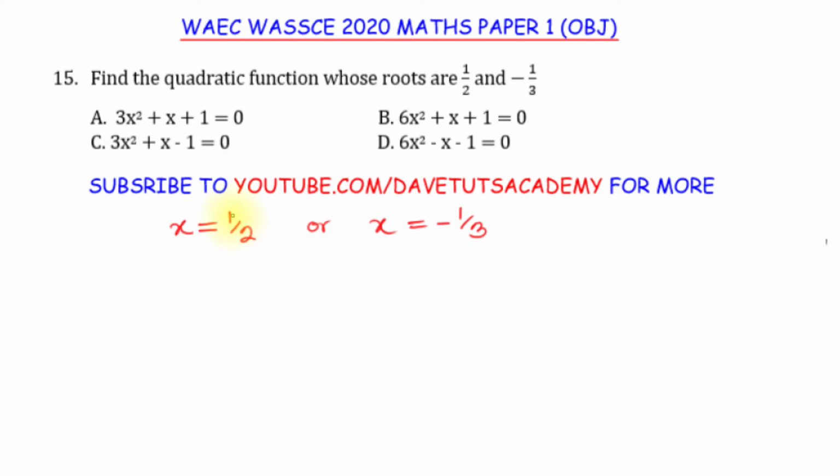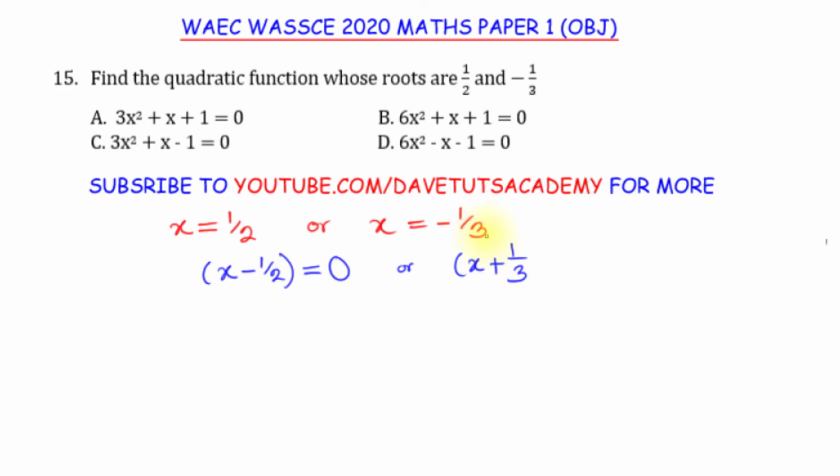We take this half and this minus 1 over 3, move them to the left hand side and multiply the two factors together, so that we have x minus 1 over 2 is equal to 0, because when 1 over 2 moves to the other side, it becomes minus. Or we have x plus 1 over 3.